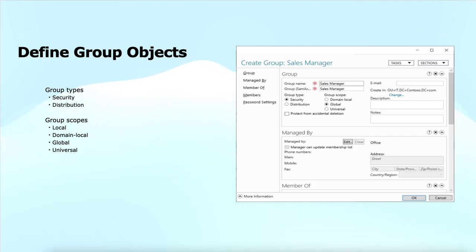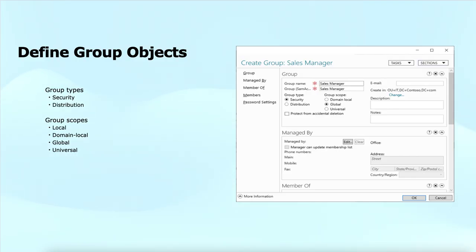In case we want the permission assignment, we can go with security type of groups. In case we want the collaboration between the users, then we can create the distribution groups. This collaboration can be in SharePoint or Exchange. Maybe I want a distribution list so that the email is distributed to all the members of this group.